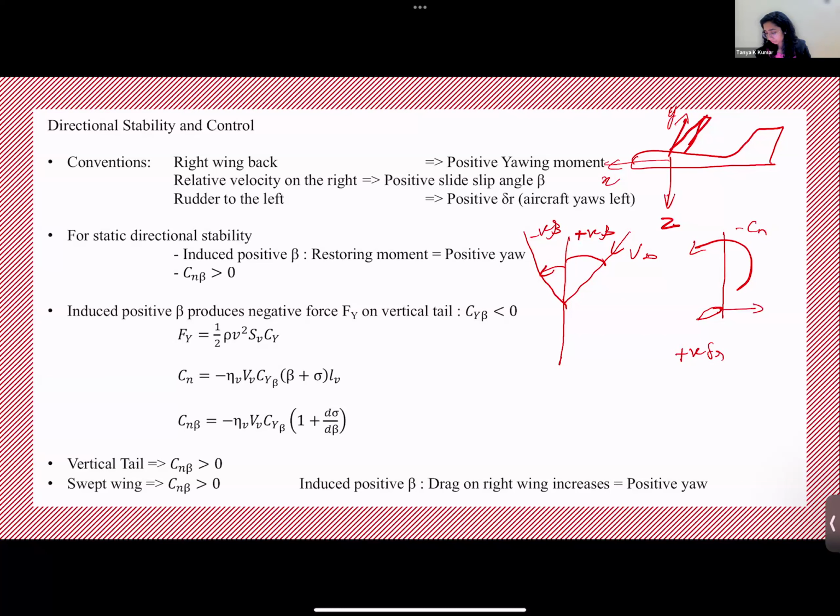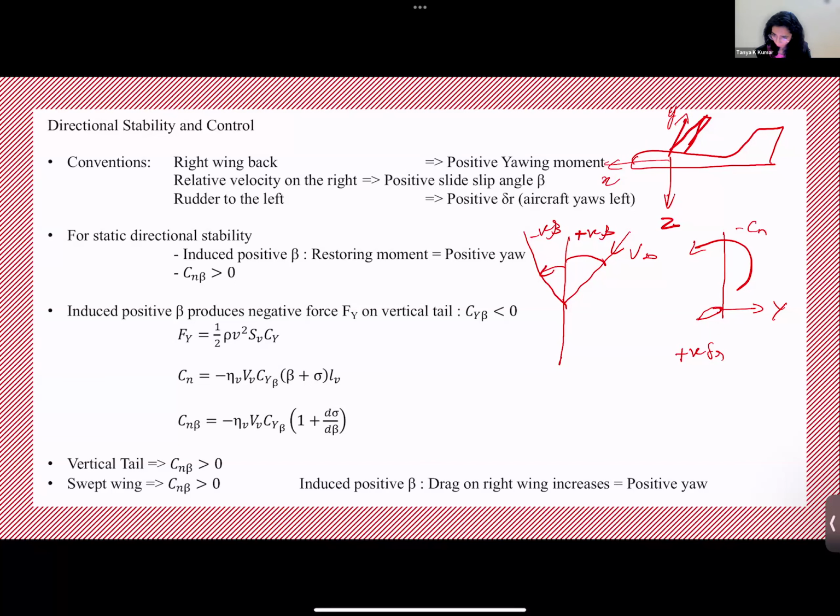And that force, side force, is denoted by Y. Will it be positive side force or negative side force if I deflect my rudder to the left? You're right. It produces a force on the right side. Is that positive or negative? Negative, right? It produces a negative side force, correct?